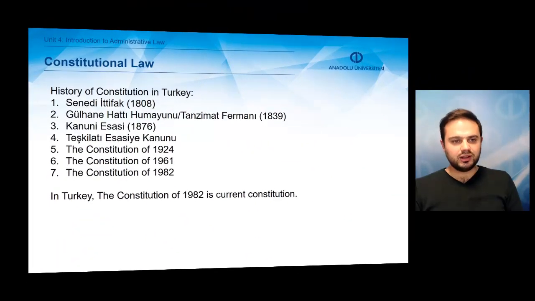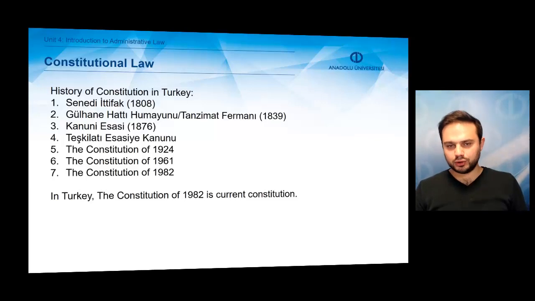Let's have a look at the history of constitution in Turkey. There are some papers which are related to constitutional papers. So first of them is Senedi İttifak. It's 1808.